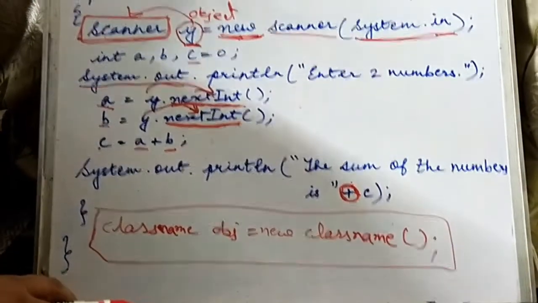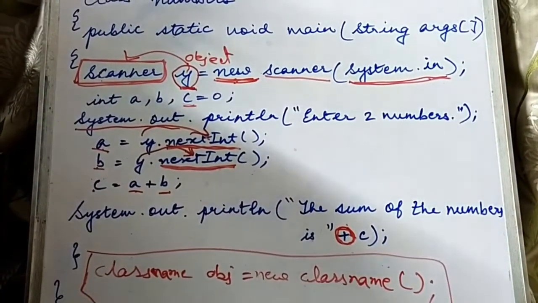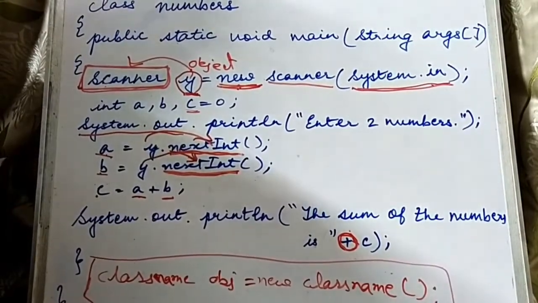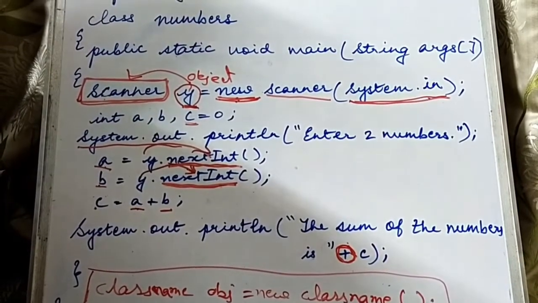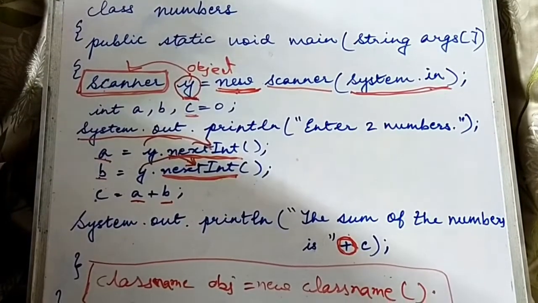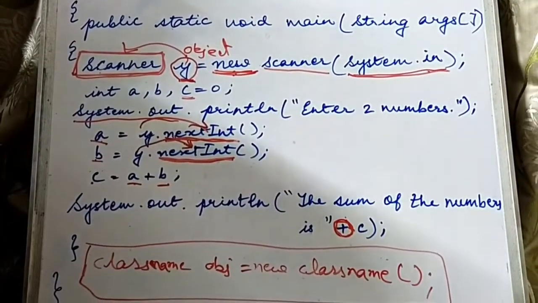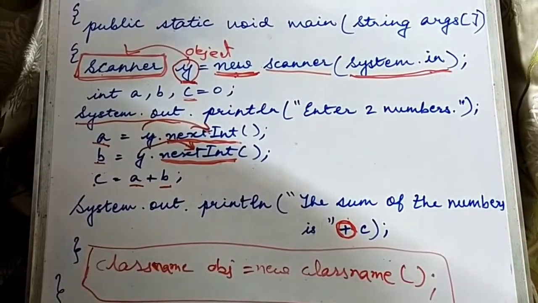So I hope you are clear about this Scanner class. From the next class I will give you some more programs, we will solve them and I will explain them to you. If you are not able to understand in one go, please watch this video twice or three times, then I hope you will understand this method, because from now onwards all the programs will use the Scanner class.